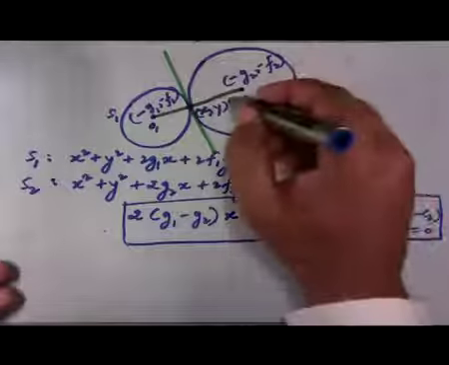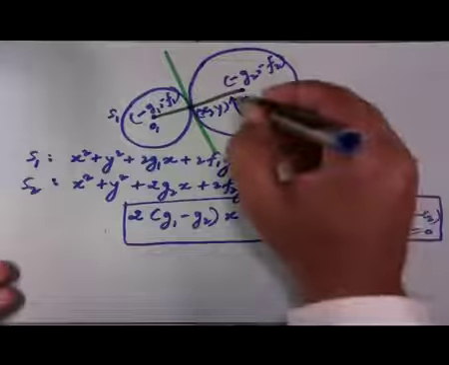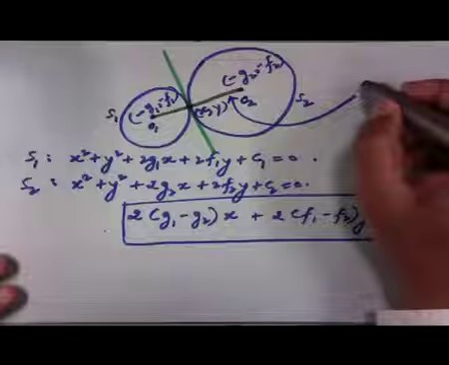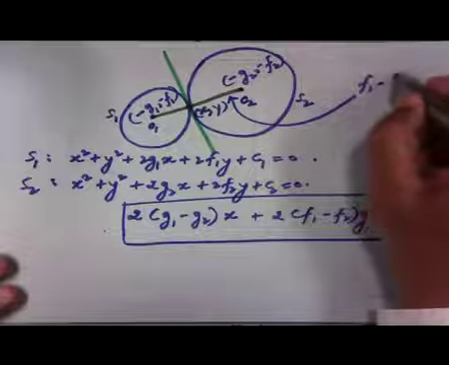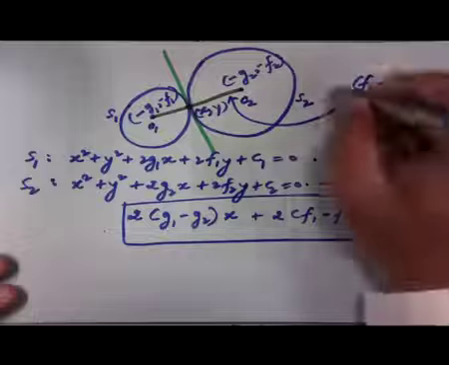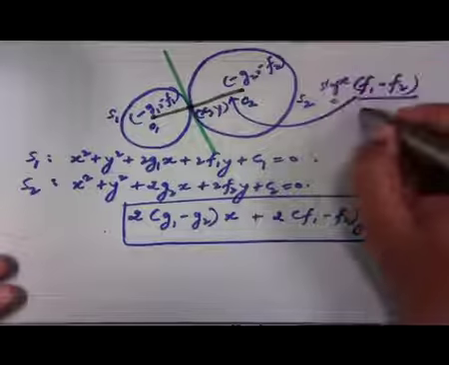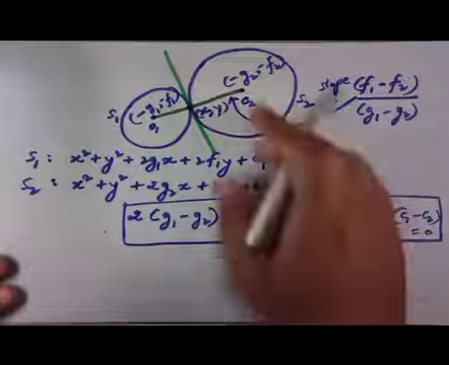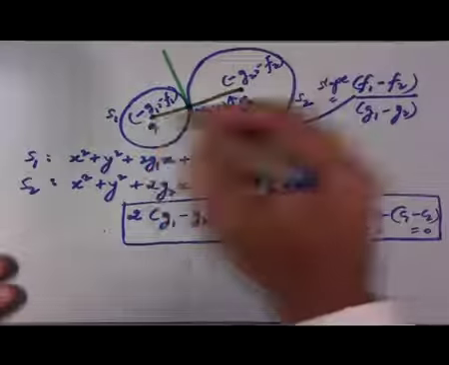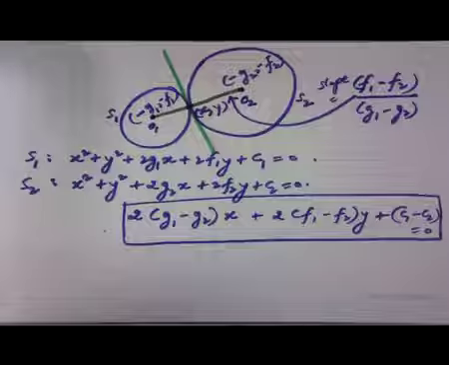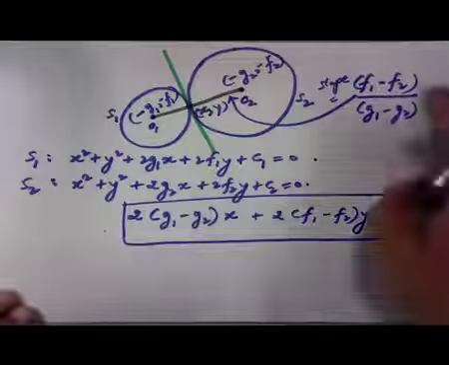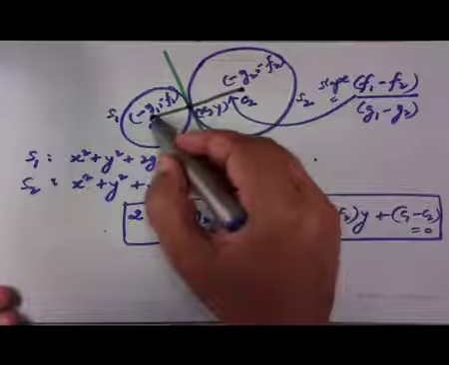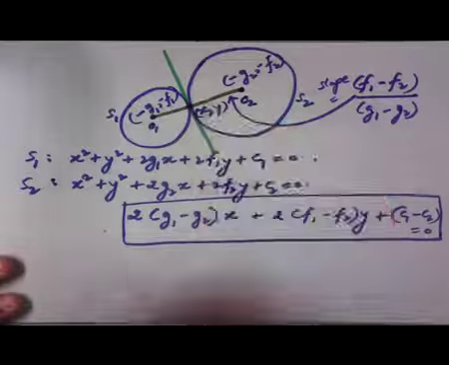Now, the slope of the line joining the two centers is (f1 - f2)/(g1 - g2), because this follows from the coordinates of the two centers. So, this is the slope of the line joining the centers of the two circles.